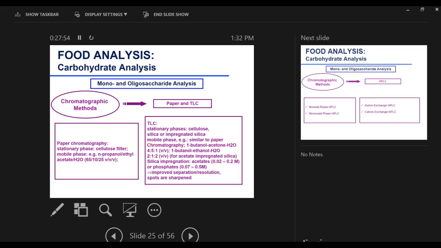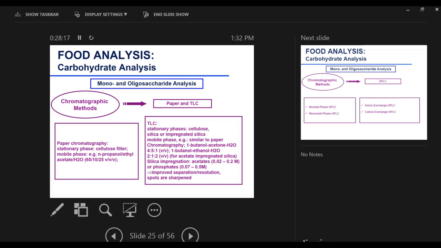This is just an example application. If you use paper chromatography, you can use a cellulose filter as a stationary phase, and as a mobile phase, you can use propanol, ethyl acetate, plus water. So if I ask you in a test to give me an example of paper chromatography for mono- and disaccharides, here you go.